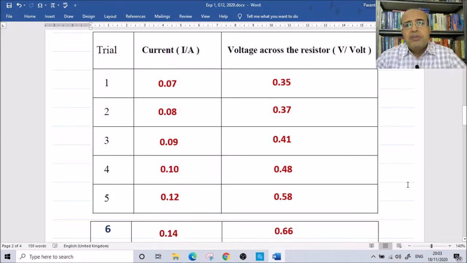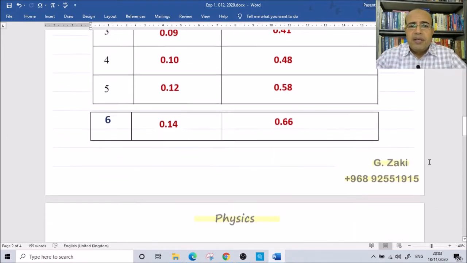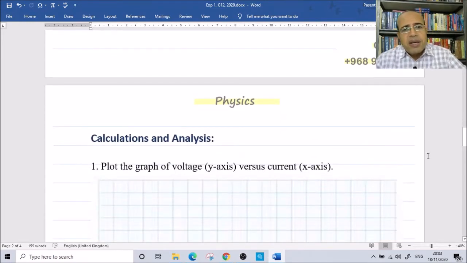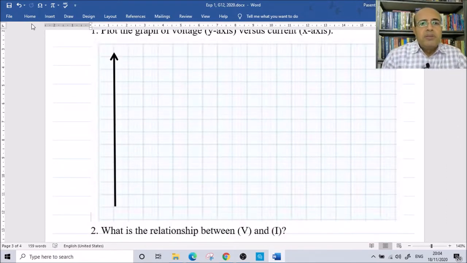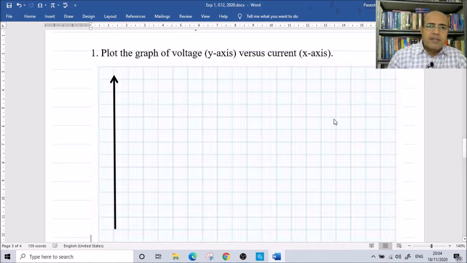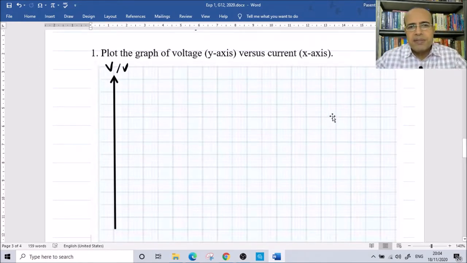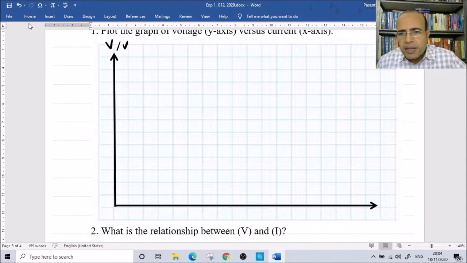We plot the graph of voltage on the y-axis versus the current on the x-axis. So the voltage V in volt is on the y-axis, and the current in ampere on the x-axis.